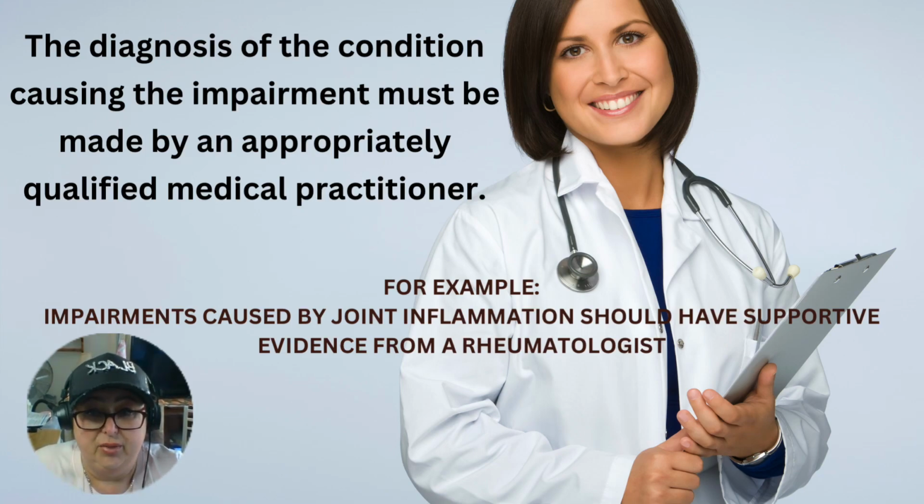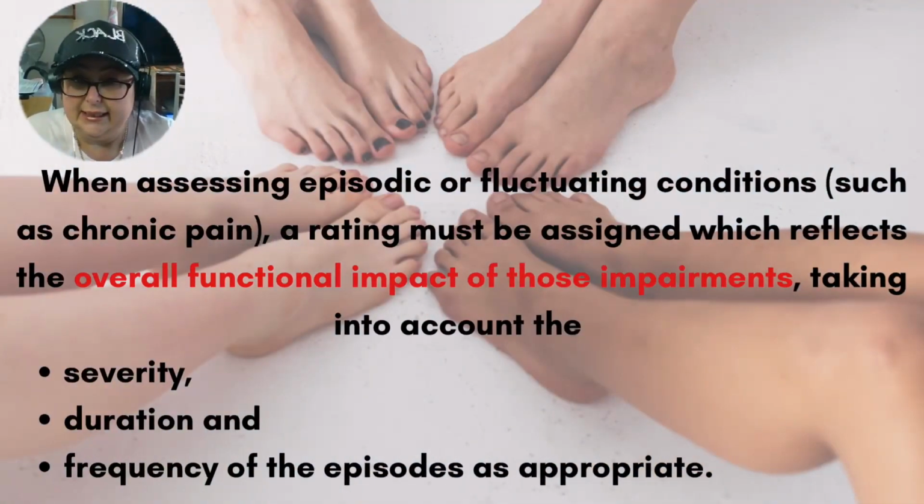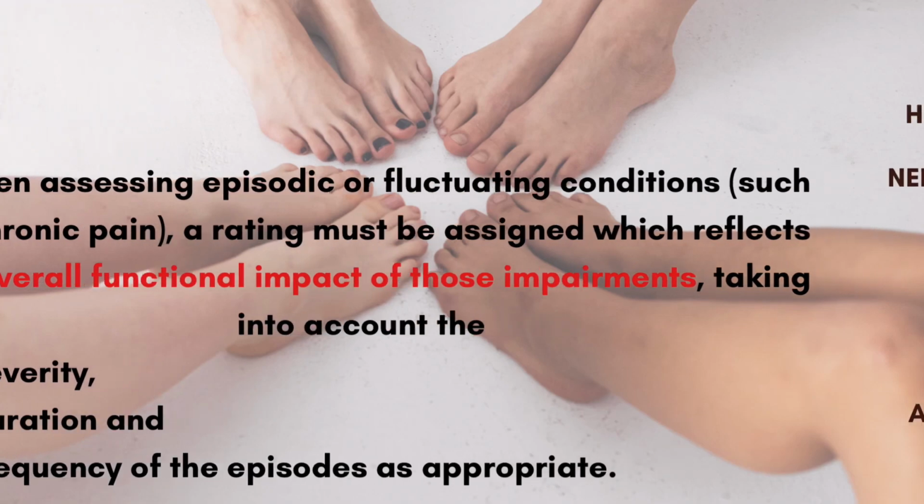So if you have an impairment that's caused by inflammation, this is my example, then your supportive evidence should be from a rheumatologist. When CENTRELINK assesses a condition that is fluctuating, it basically assigns an overall functional impact of that impairment, taking into account the severity of the impairment, the duration, and the frequency of the episodes.